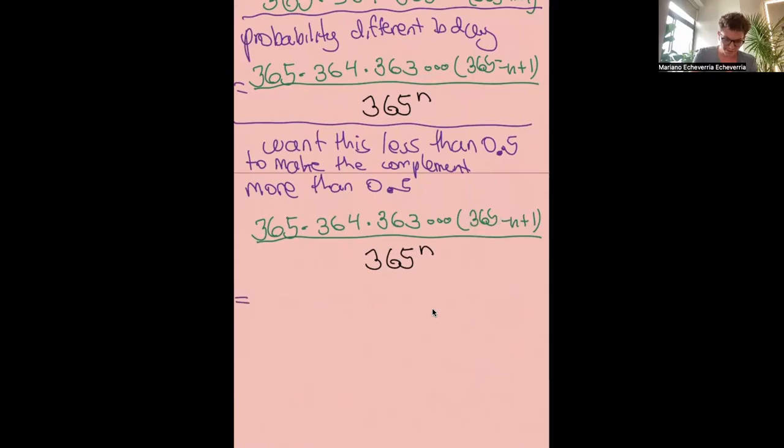So let me rewrite this as 365. What is 364? That's 365 minus 1. What is 363? That's 365 minus 2. And the last one is 365 minus n plus 1. So now every factor looks more similar, because it's 365 minus an integer, and what you're subtracting is increasing. Is that making sense?